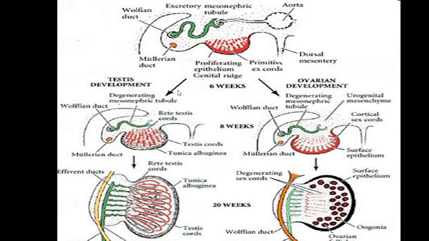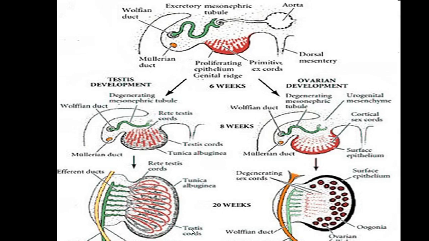Now, at about 8 weeks, you can see the mesonephric tubules degenerate, the Wolffian duct persists, and the sex cords, which are the testicular cords, proliferate further deep into the surrounding mesenchyme.